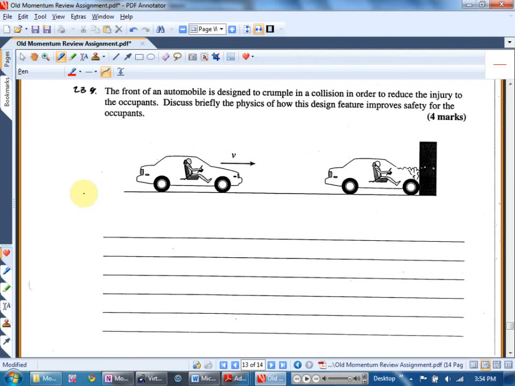I would have held a ruler and this, which have almost identical masses, and I would have picked somebody and said, you're going to get hit in the head. What do you want to get hit by? It's going to be the same mass. Final velocity is going to be 0, so it's going to be the same change in momentum. What can we do to lessen the force? Lengthen the time of impact.